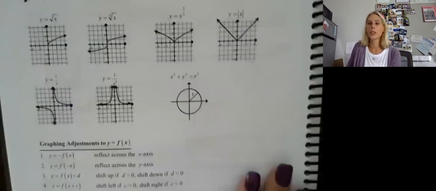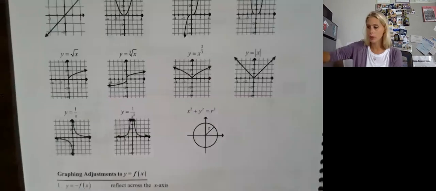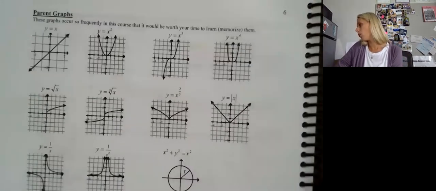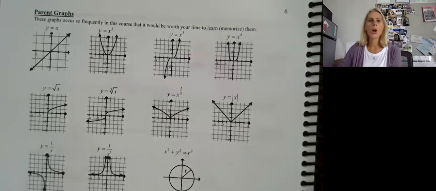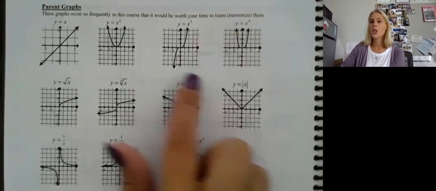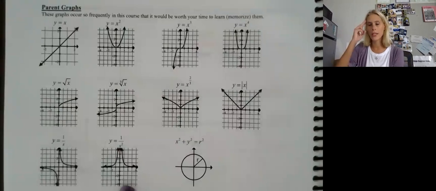Next page are your notes. You're going to just want to skim this over and over or refer back to it, okay, guys? So I'm going to try to refer back to it while we're doing our practice problems. So here are your parent graphs. You need to memorize these so you get the idea, that's what it looks like.